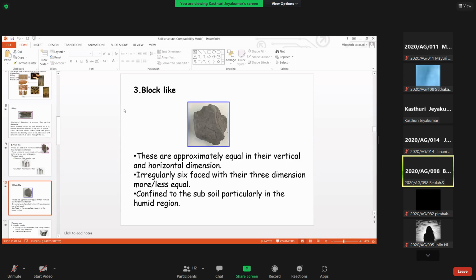Earlier slides we studied the horizontal and vertical dimension vary in their size, but here they are equal in their vertical and horizontal dimension. Irregularly six-faced with their three dimensions more or less equal, and is confined to the subsoil, particularly in the humid region.